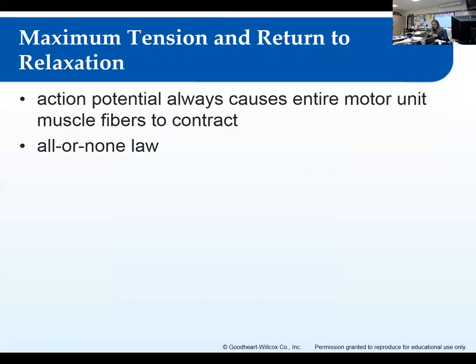It says with high frequency stimulation, the muscle develops a sustained maximal level of tension called tetanus. We're not necessarily talking about the disease tetanus. Think about lifting something that's really heavy, and you're using all your muscles to the point that you can't use them anymore. That's what it's talking about.